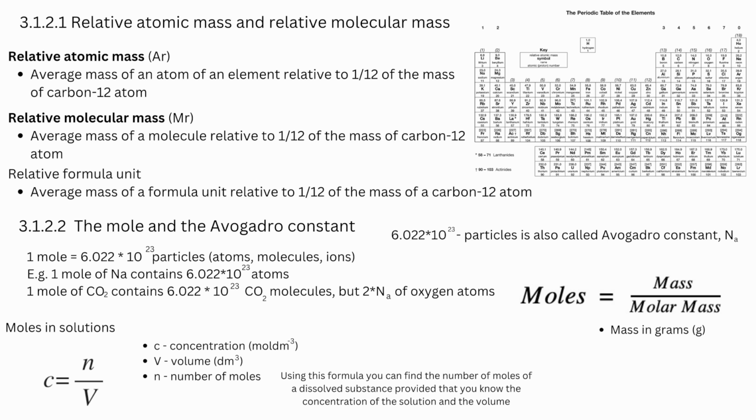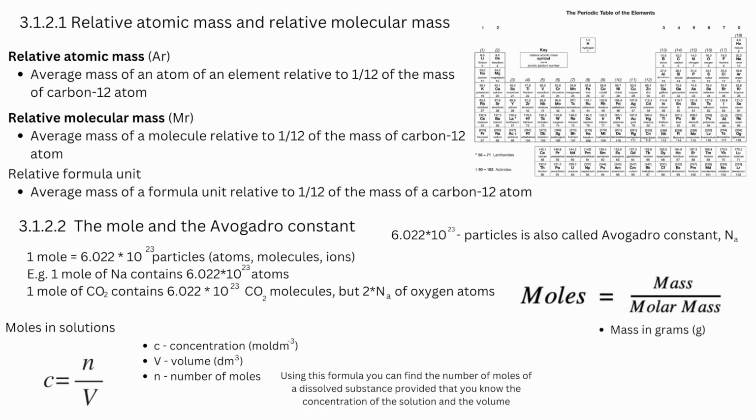You can use the formula on the right side of the screen to find the number of moles in a substance. Number of moles is equal to mass of a substance divided by its molar mass. Moles have no units, mass has units of grams, and molar mass has units grams per mole.